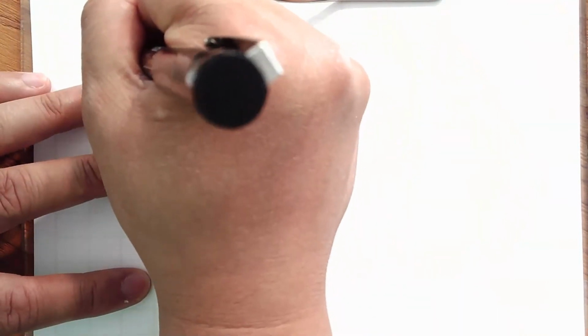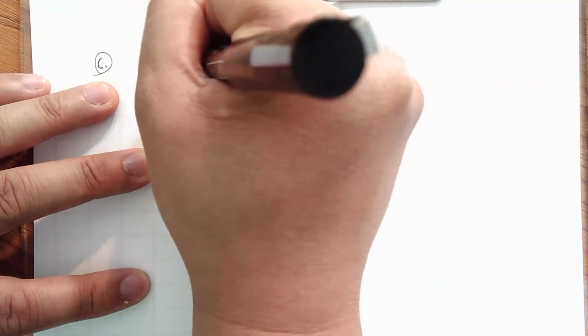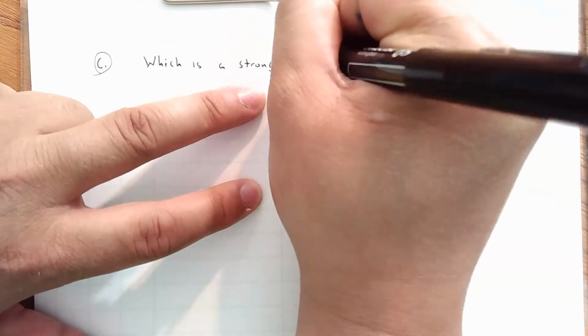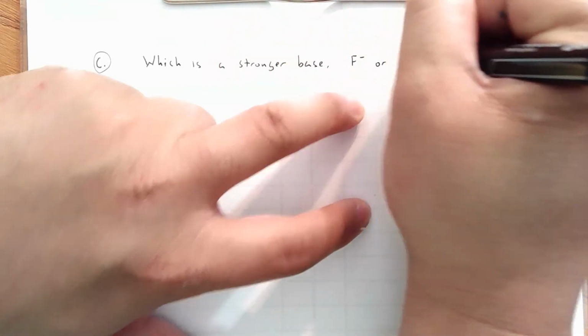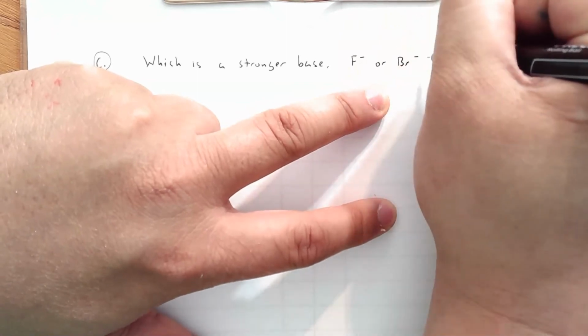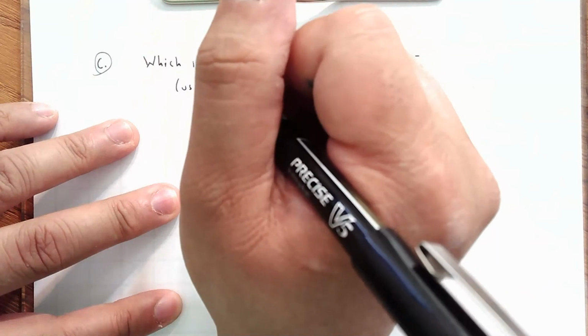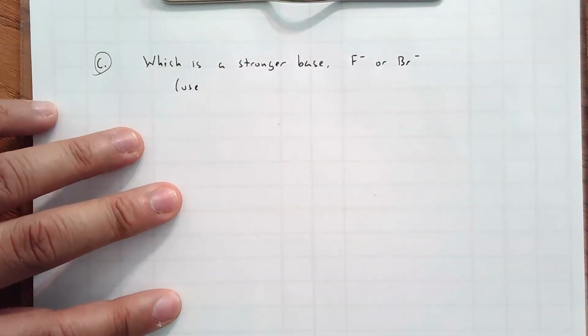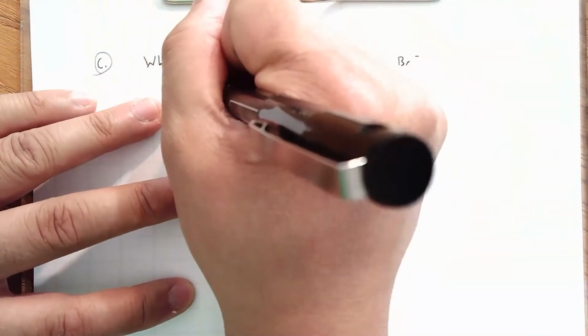F minus or Br minus? We're going to use our previous trends that we've learned about hydrogen halides.